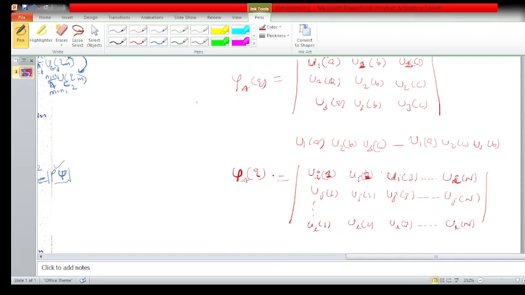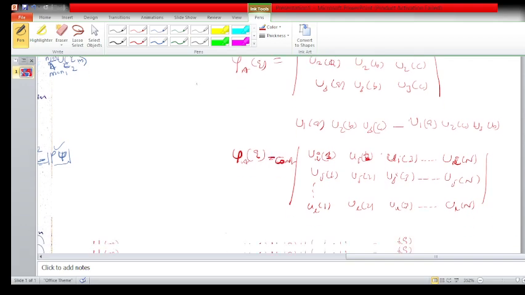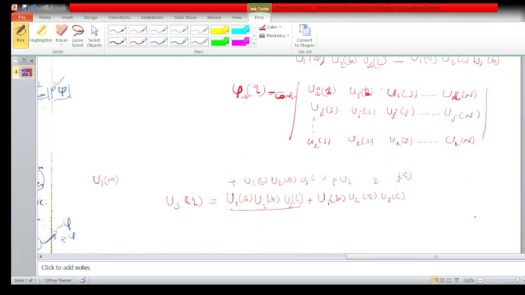There is also one constant, as we already said, that we have to multiply this with, a normalization factor like 1 by root n and so on, which we are not going to discuss here. Anyway, this is the general expression, the general determinant, called the Slater determinant, and that will give you the antisymmetric wave function.